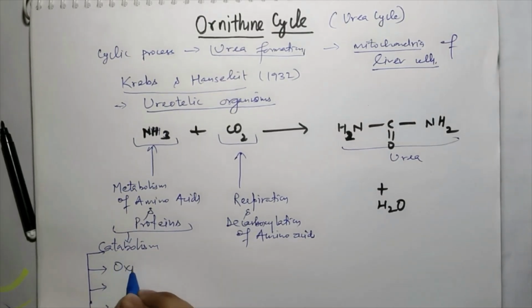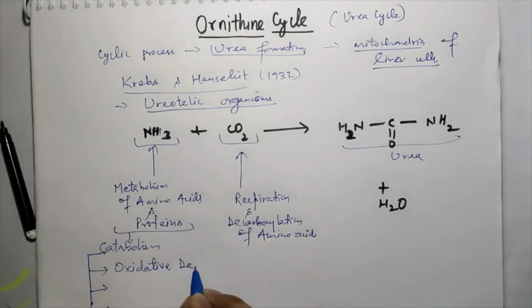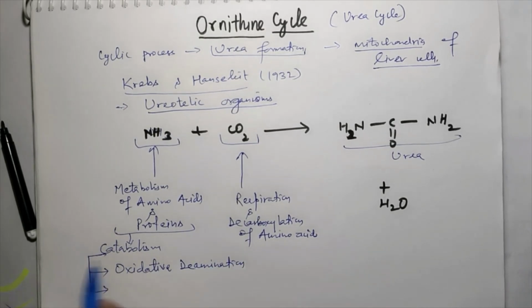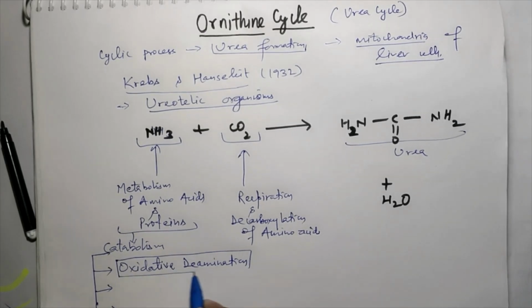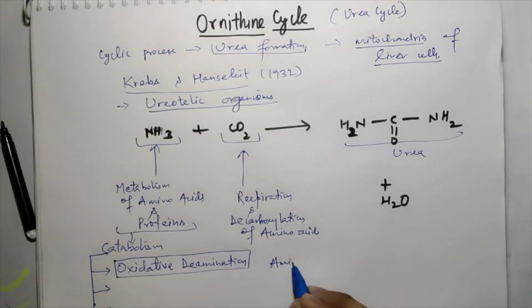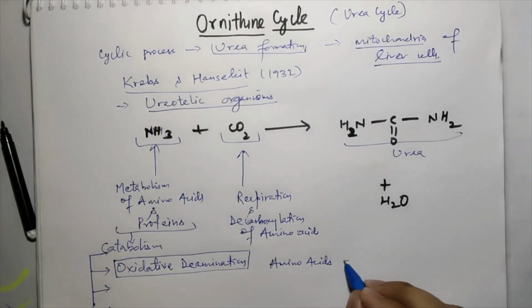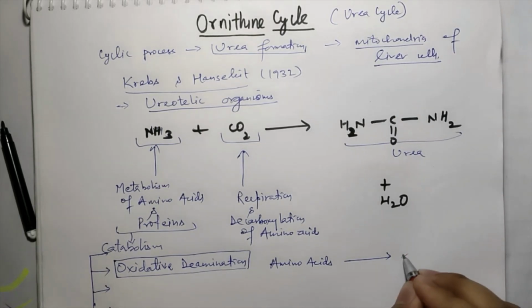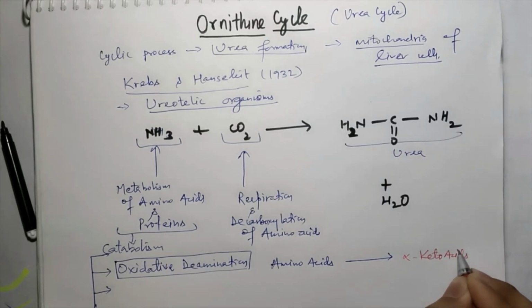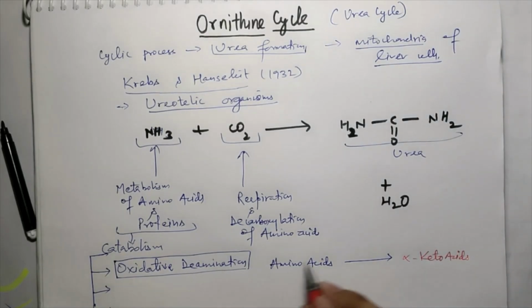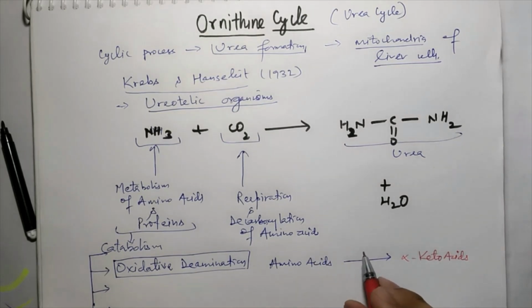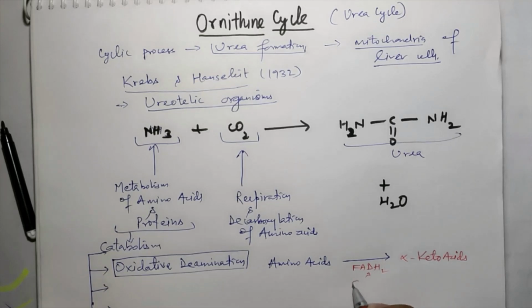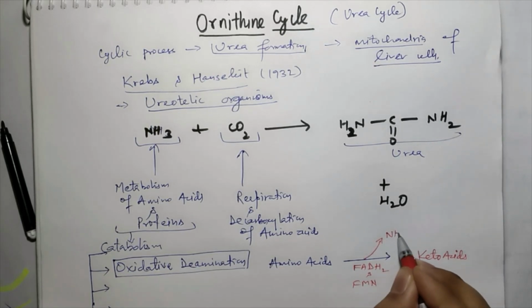First one is oxidative deamination. In oxidative deamination, amino acids are converted into alpha keto acids, and this requires coenzymes FAD and FMN, and ultimately in this process the amino group of the amino acid is released in the form of ammonia.